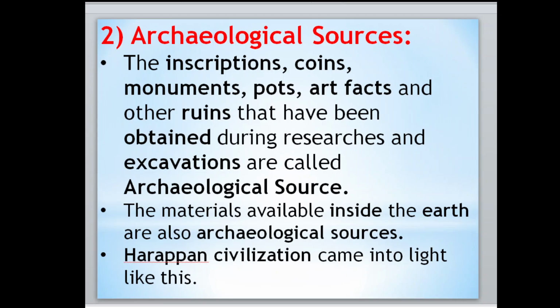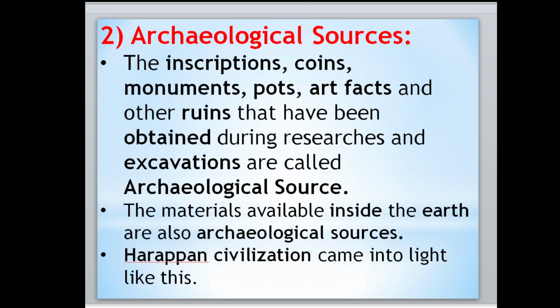Archaeological sources include inscriptions, coins, monuments, pots, artifacts, and other ruins that have been obtained during research and excavations. Excavations are called archaeological sources. The materials available inside the earth are also called archaeological sources.